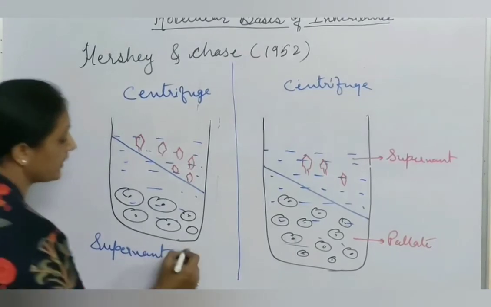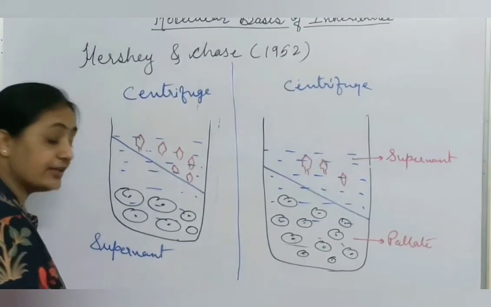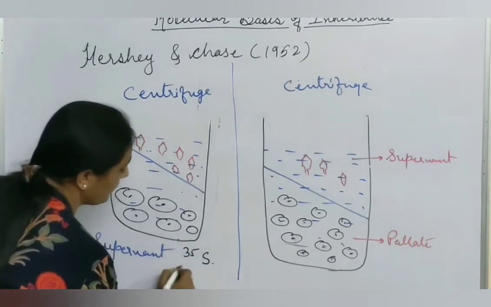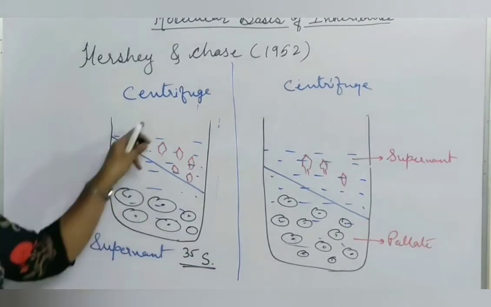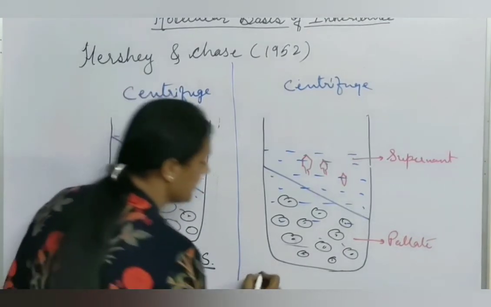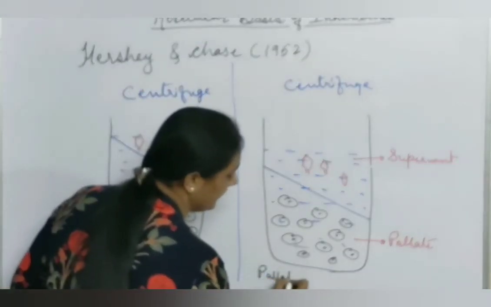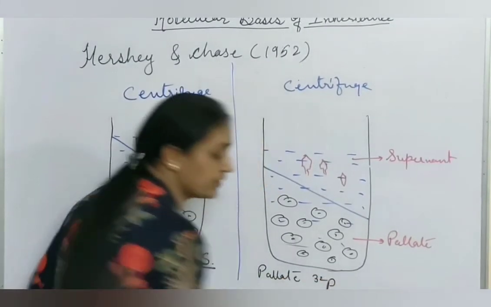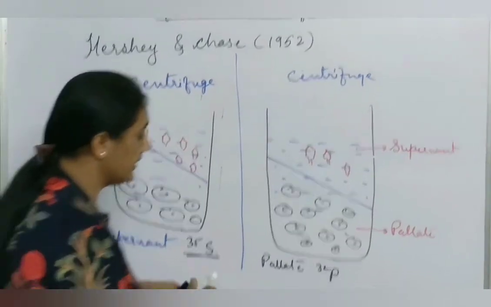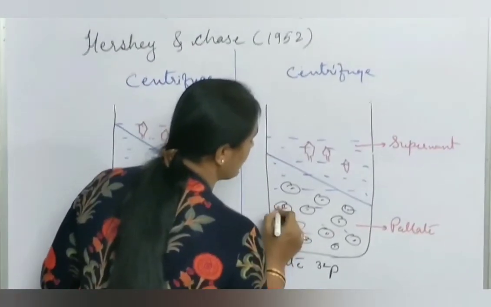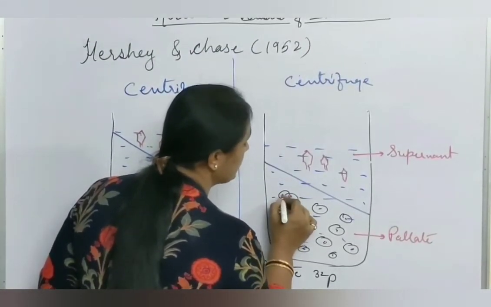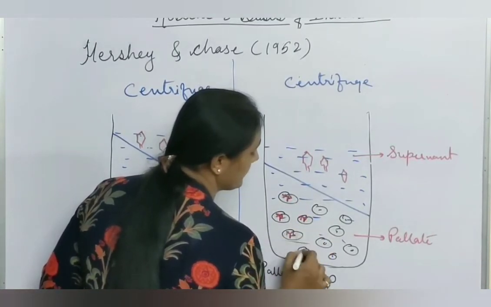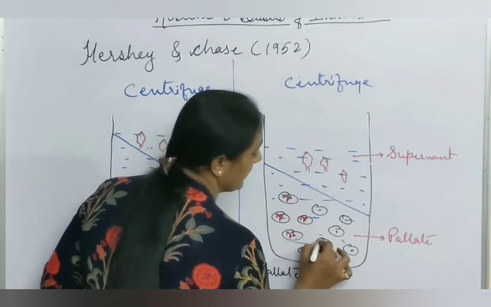In the supernatant, they found isotopes of sulfur, whereas in the region of pellet they found isotopes of phosphorus. These phosphorus isotopes are present inside the bacterium.